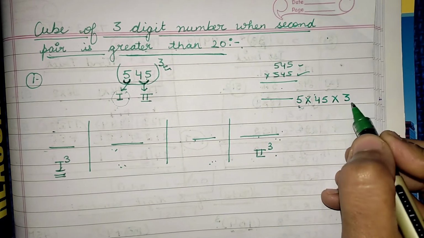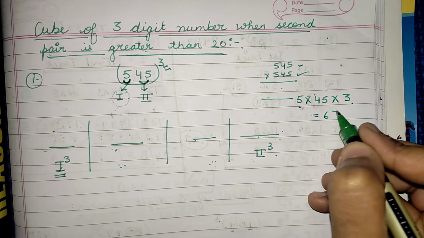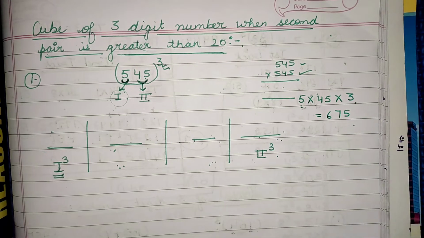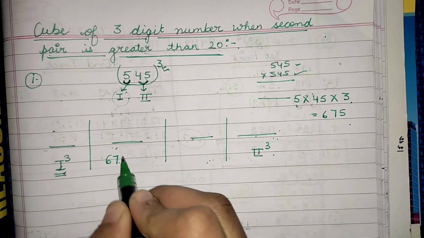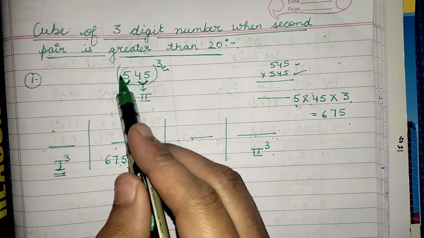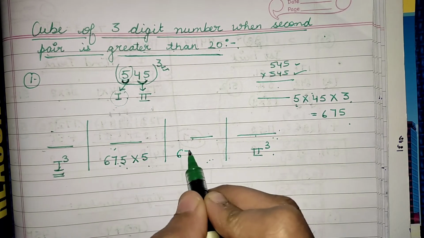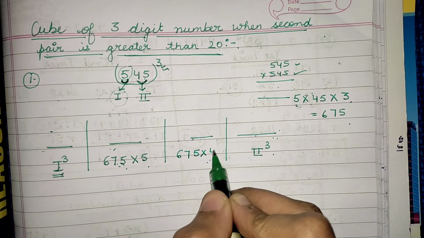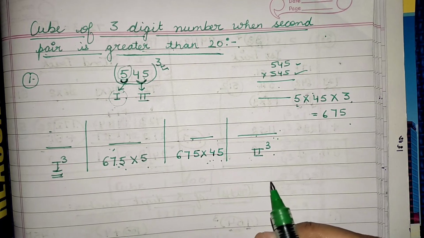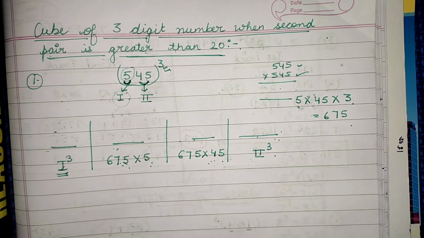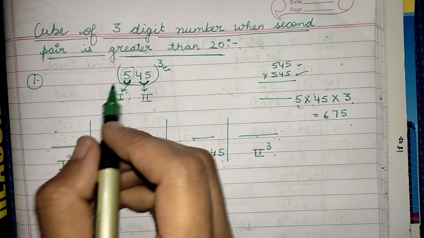When you multiply this, you get 675. Now once you multiply 675 by 5, and here you multiply 675 by 45.